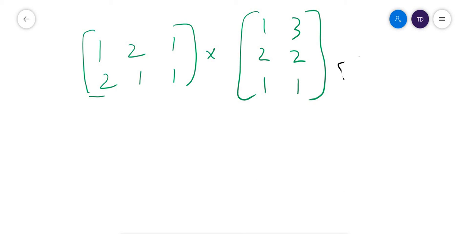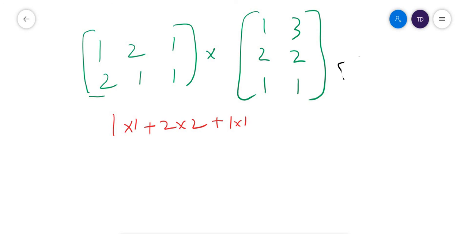Again, first row, first column. So it would be 1 into 1 plus 2 into 2 plus 1 into 1. So this is the first element.